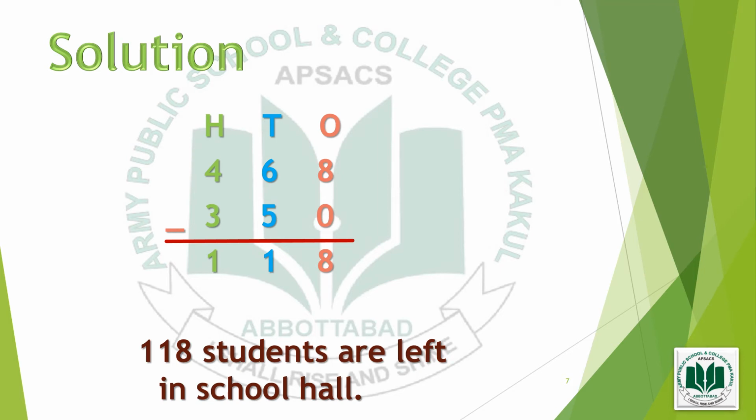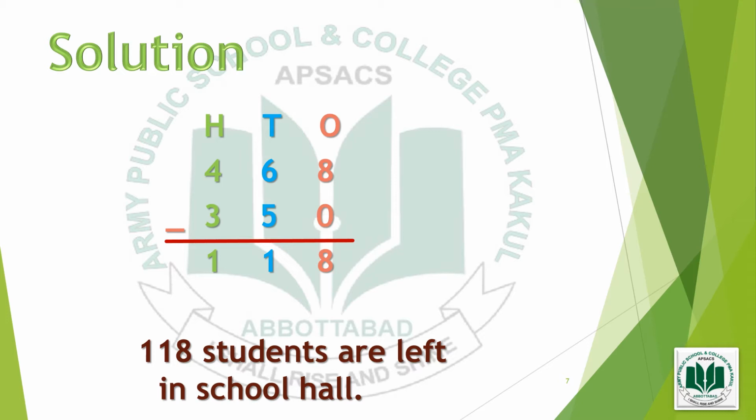Now the third step is do the working. As you read the problem and understand the operation, you have to subtract these numbers. Now we will do the working. Working means if you have to add the numbers, then add the numbers, and if you have to subtract the numbers, then subtract the numbers.